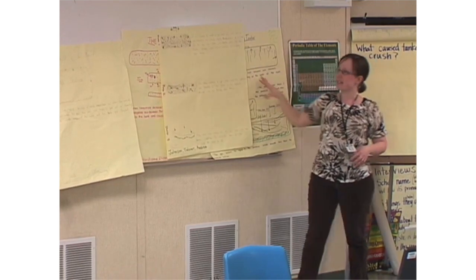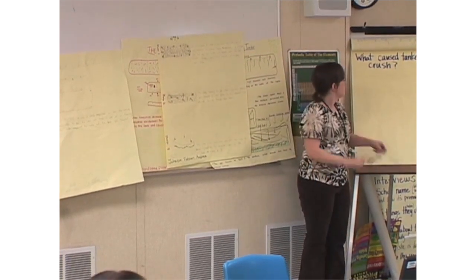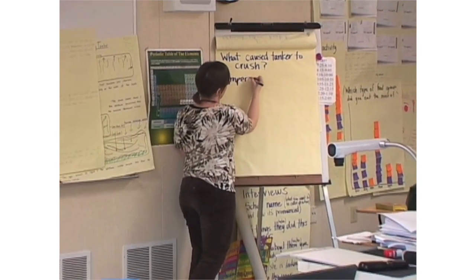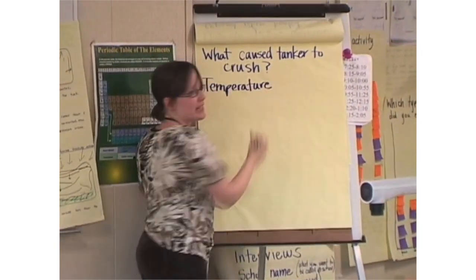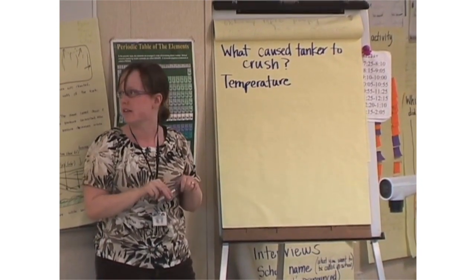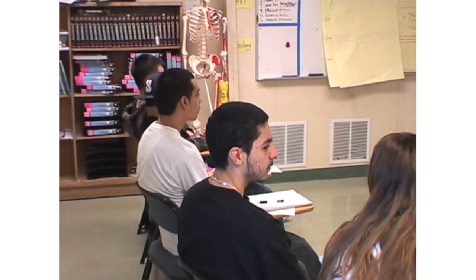So we have all these ideas that we're working on, and so we have some idea of temperature. What did temperature, tell somebody next to you, what did temperature seem to affect inside the tanker?